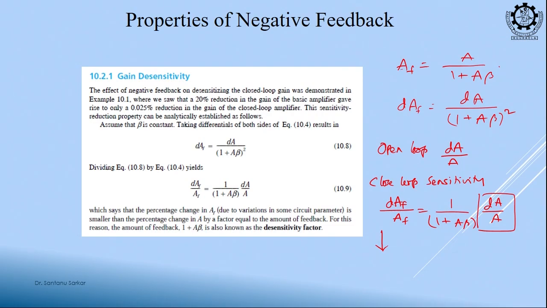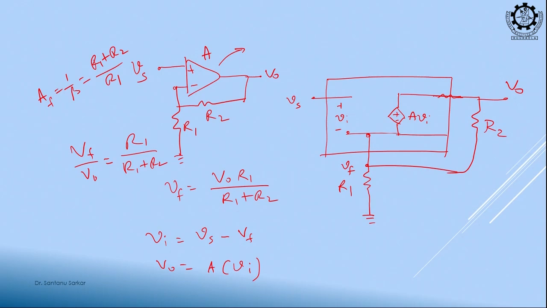We are talking about desensitizing the gain, right. See, let us talk here again. Our open loop gain may be large, but do we have any control? We do not have any control. It depends on maybe gm, we discussed that gain is for gm RC, right, for common emitter configurations.